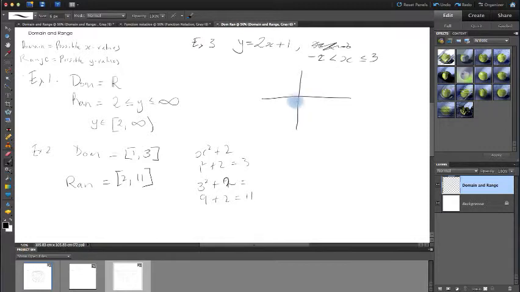So 2x plus 1 looks a bit like this, where it cuts through here at 1 and through the x-intercept at minus a half.